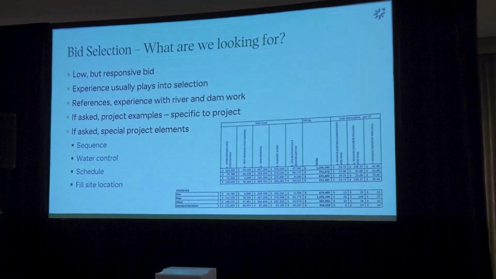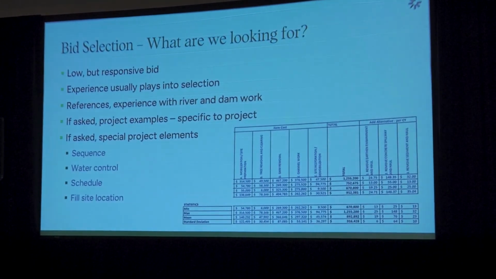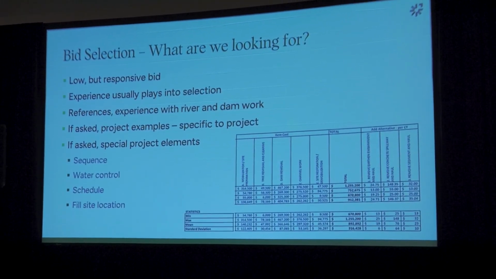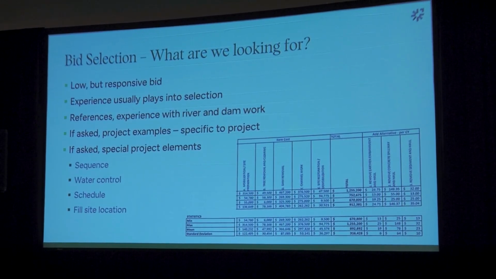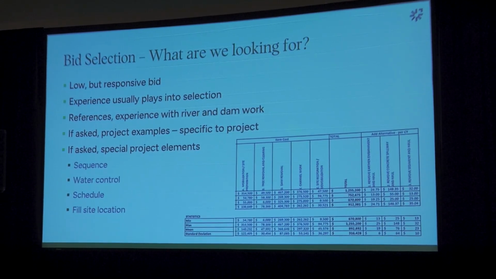Sometimes that's asked for as part of the bid documents, or sometimes that's part of reference checking that happens after the bids come in. We have had some projects with a specialized item that we really want more detail on as part of the bid, where we get information submitted, maybe on a water control plan, or sometimes we're just talking through that with the contractor after we get the bid results back.